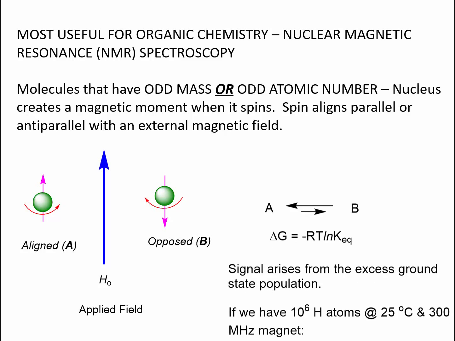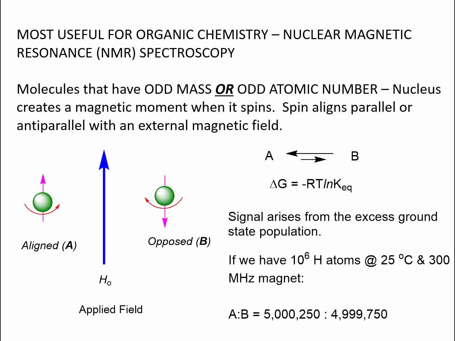All right, so if we look at configuration A, it's in equilibrium with configuration B. Remember this important equation, delta G equals minus RT ln K. So A is going to be the lower energy or the ground state, and B is going to be our excited state.